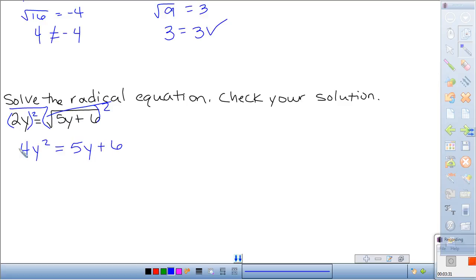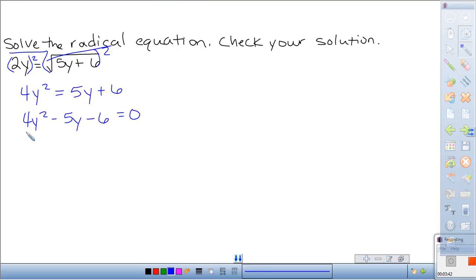We need everything on this side, so I'm going to subtract 5y and subtract 6. So I have 4y squared minus 5y minus 6 equals 0. And then we have to factor in order to solve. Since we have a trinomial here with a y squared, a y, and a constant, the only way to solve is to factor. In this case, since we have that coefficient in front of y squared, we have to use our grouping or FOIL method, but mainly we use grouping.